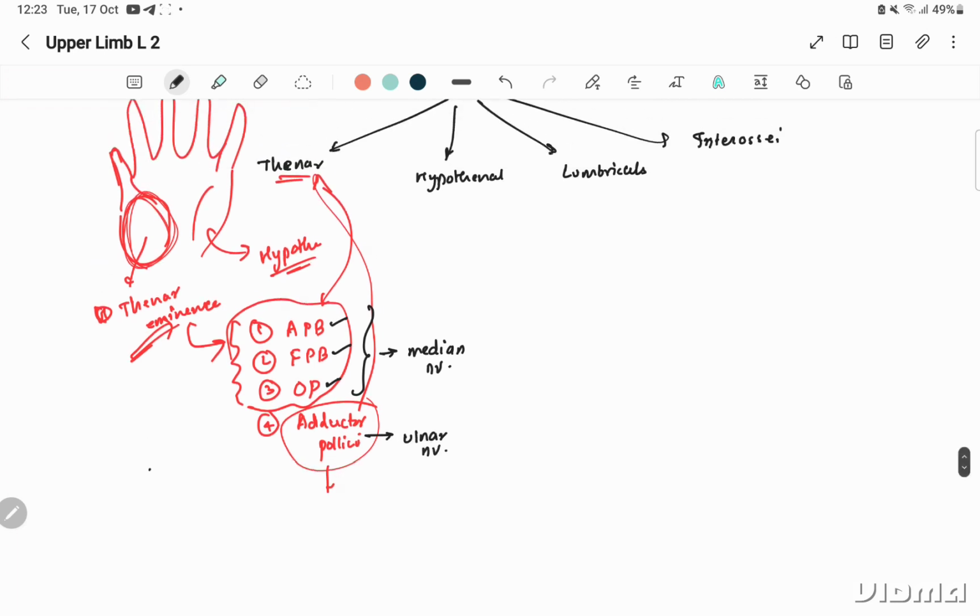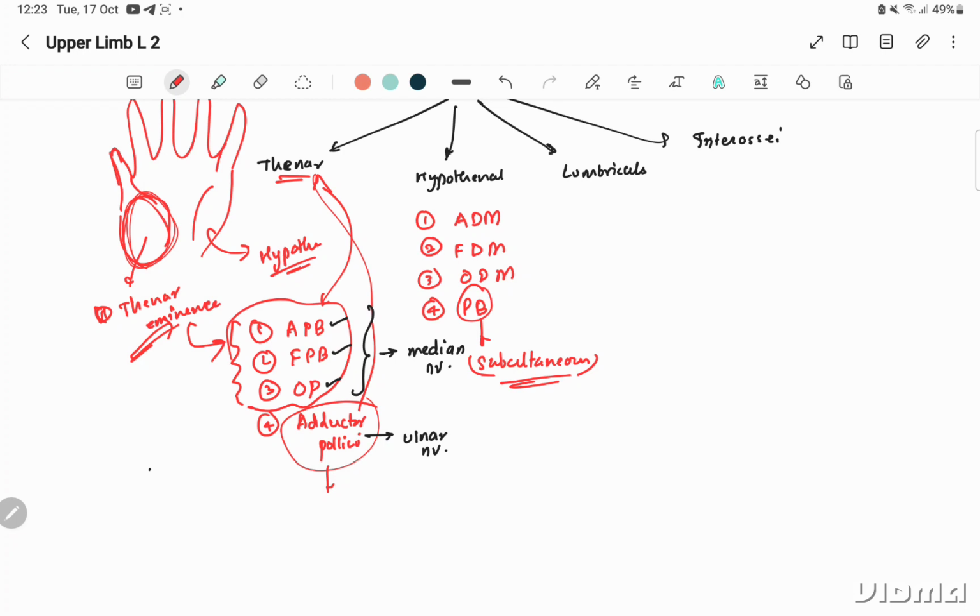Okay, just remember this. Then we have the hypothenar muscles. Hypothenar muscles: we have the minimi muscles, abductor digiti minimi, then the flexor digiti minimi, then opponens digiti minimi, and fourth is the palmaris brevis. Palmaris brevis is a subcutaneous muscle.